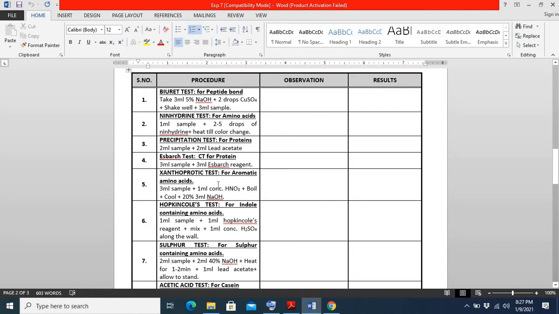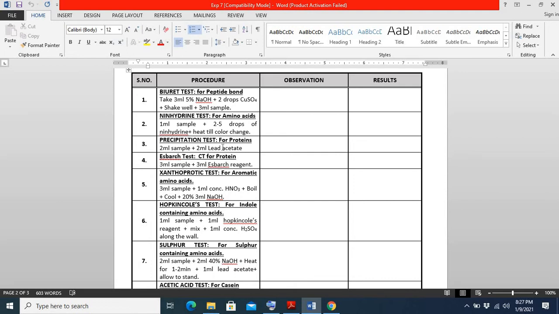So then we will perform another test that will indicate the visual presentation of the sample, how it would happen by precipitating, by the precipitation test.